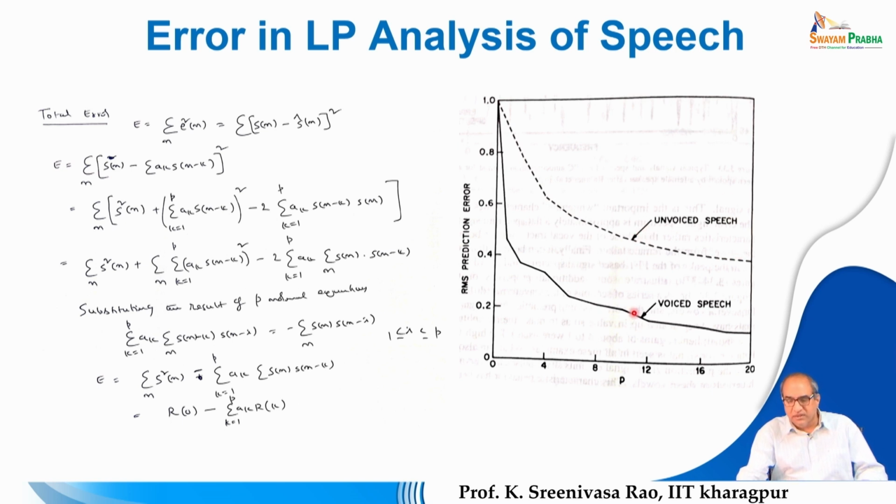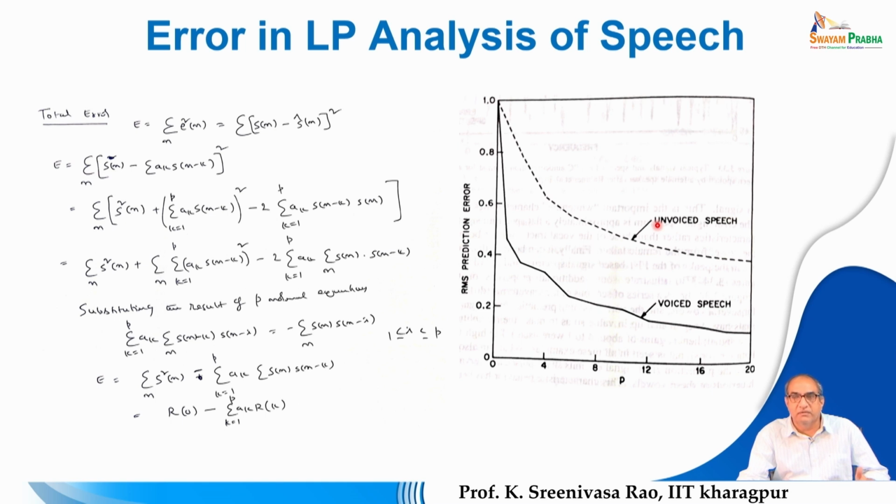We know that voiced speech is produced due to the vocal folds vibration, whereas unvoiced speech is produced in the absence of vocal folds vibration, but the excitation is produced at different places of articulation by providing a constraint and the release of a constraint, and that excitation is a noisy excitation.